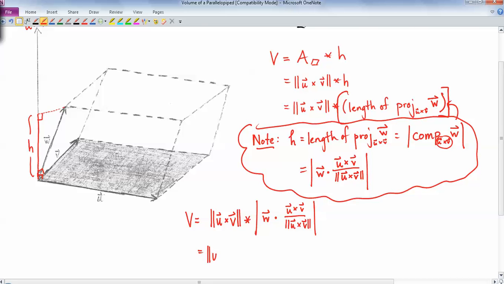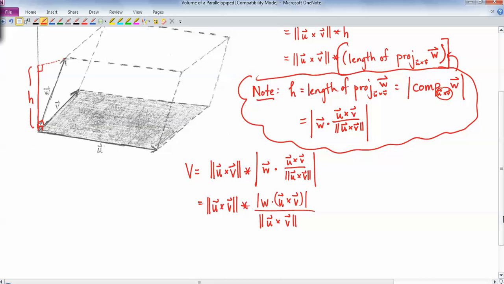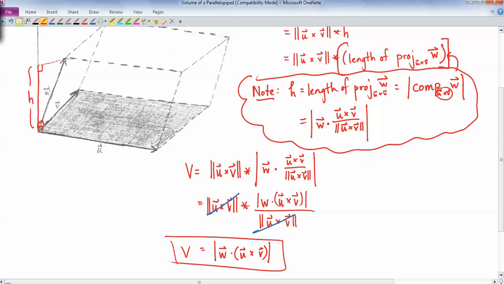So now it's that first magnitude of U cross V, times the absolute value of W dot U cross V in parentheses here, all over magnitude of U cross V. So I'm just pulling out a positive term from that absolute value. And since I'm multiplying and dividing by the magnitude of U cross V, these guys will cancel, and I'm left with absolute value of W dot U cross V, just like that. Okay, so that's the volume. That's actually not that bad a looking formula right there.